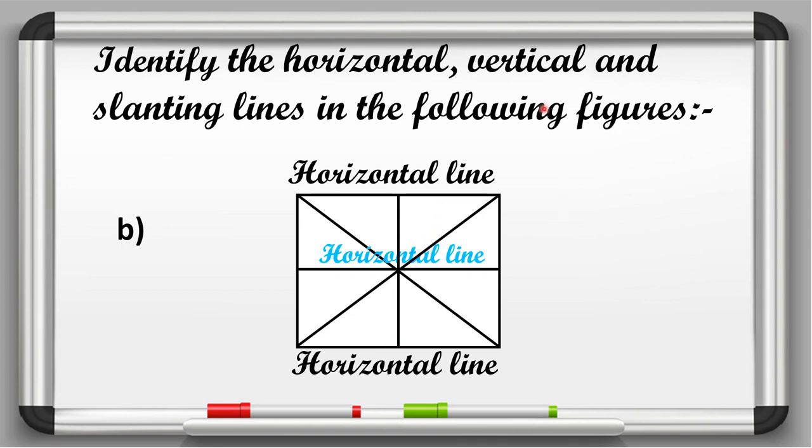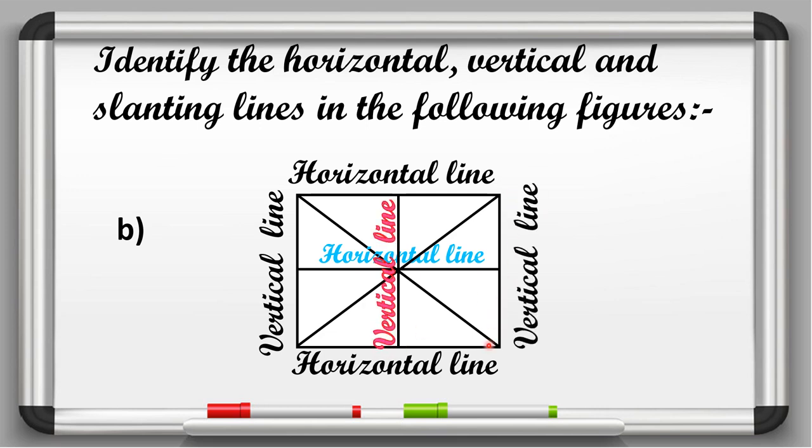Okay beta, now we have to write vertical line, है ना. So vertical lines means standing line. So here this is the first standing line, so here we will write vertical line. Then this is the second vertical line, and this is the third vertical line. Understood? Now we have to find out the slanting lines, and I told you earlier slanting means जो बिल्कुल स्लॉप की तरह होती हैं, ठीक है, या फिर आप कह सकते हैं जो टेढ़ी होती हैं.